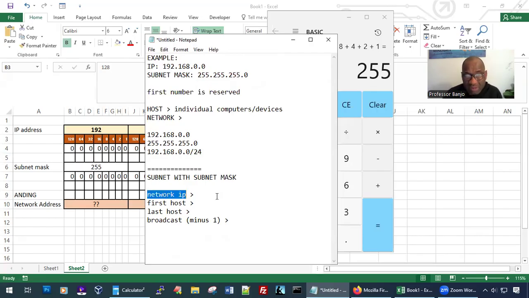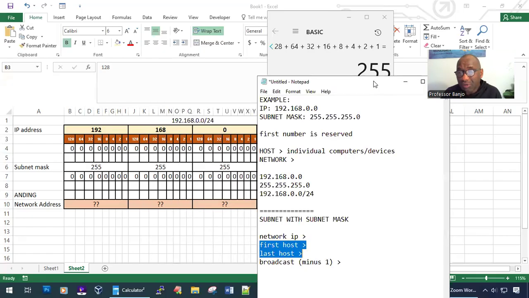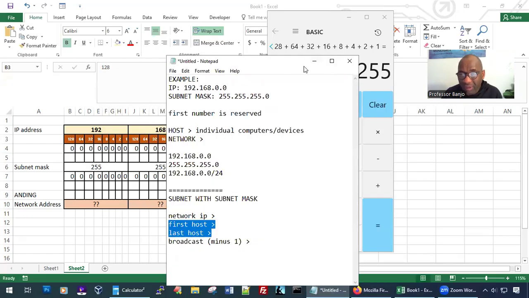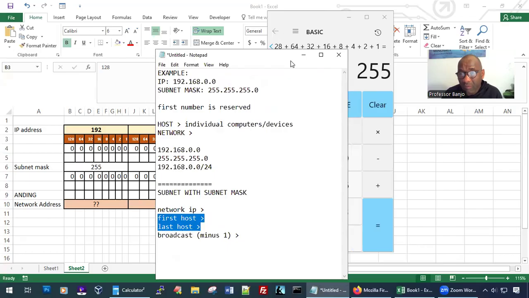Your first number is your gateway, so the IP address of your router. And every number in the middle is usable by all the different hosts in that network, right? So this is basically how we get this 255 number here. The first number is your network address, and the last number is your broadcast address.